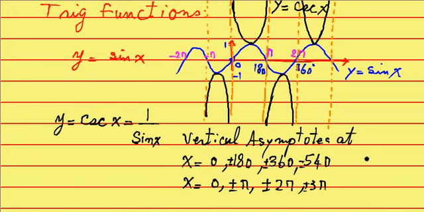In short, I can represent all of these numbers as 180 times any integer. Integer means whole numbers, positive or negative. So 0, 1, 2, 3, -1, -2, -3. Typically we show them with n. So n is an integer. Here, same thing, n times pi, or pi times n if you wish.